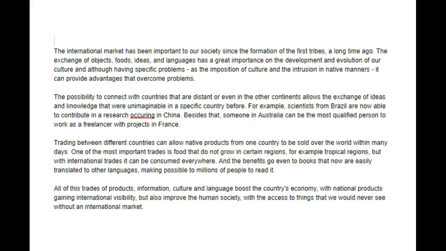Also, when we talk about international marketing, we could talk about the concept of cultural erosion, in the way that a big international firm that can market their products around the world is likely to have a much larger budget than domestic producers.